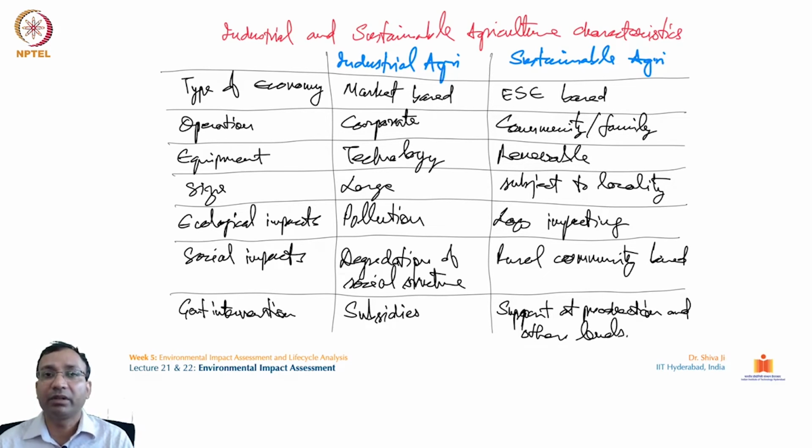So these are the industrial ways of the agricultural system, and what sustainability suggests is sustainable agriculture practices. We will see over here what the distinction points are. On the type of economy, industrial agriculture is market based, focused on national and international markets. The market and benefits and creating economic wealth are the major criteria.